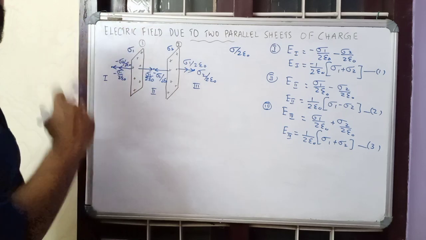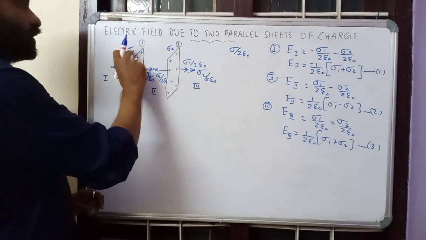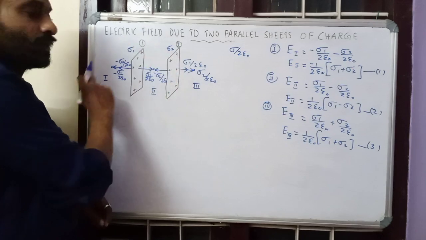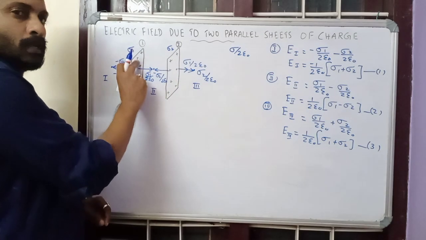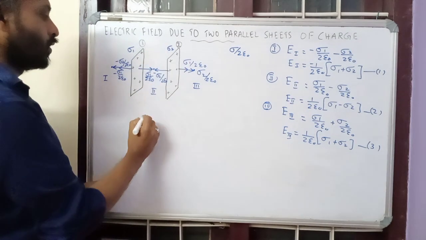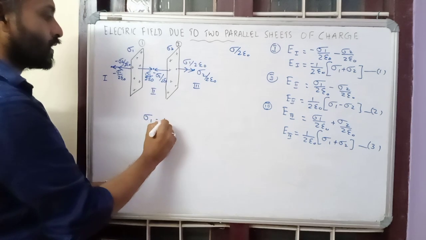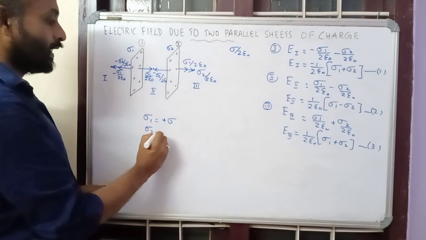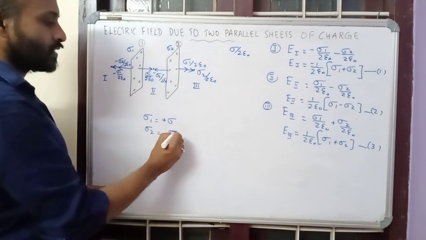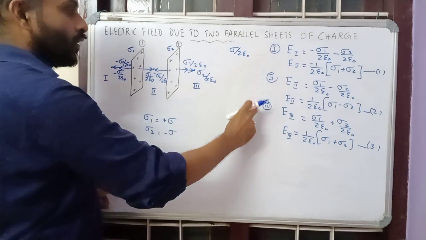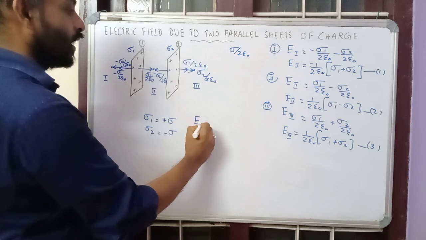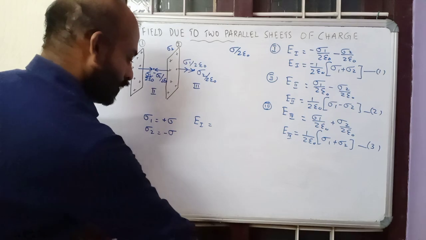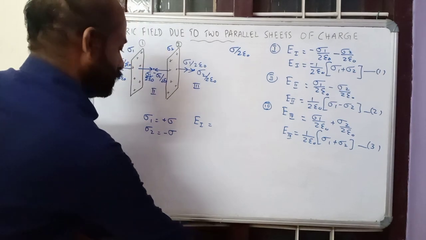Now there will be an additional case, where both sheets have the same charge density, both sigma, but one is positively charged and the other negatively charged. We will say sigma 1 is positively charged with charge density sigma, and sigma 2 is negatively charged with the same charge density sigma. How will these three equations modify? I will just redraw the diagram.